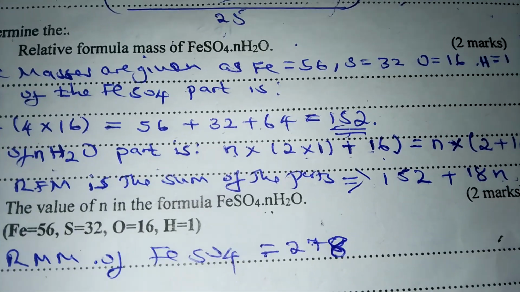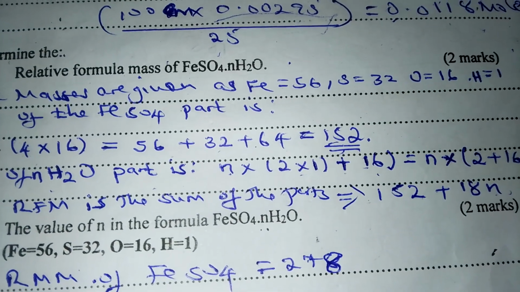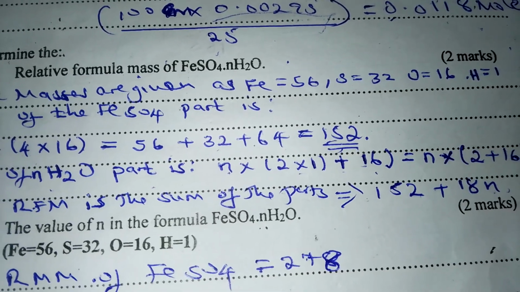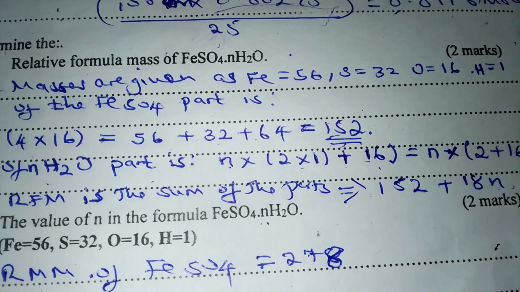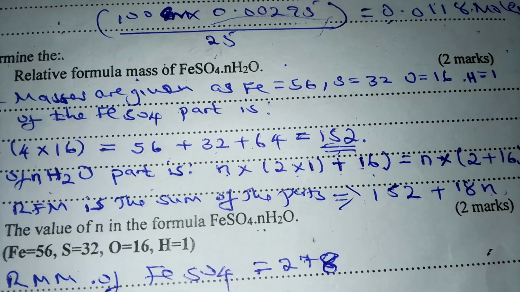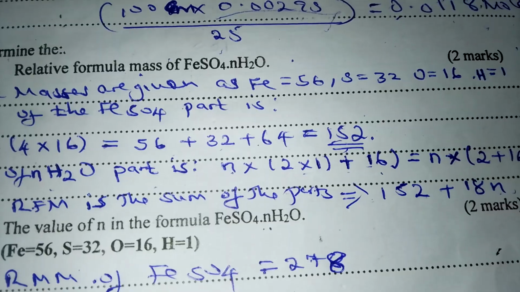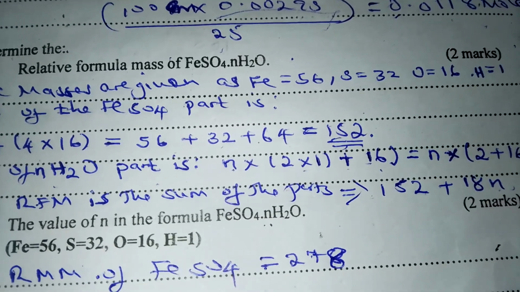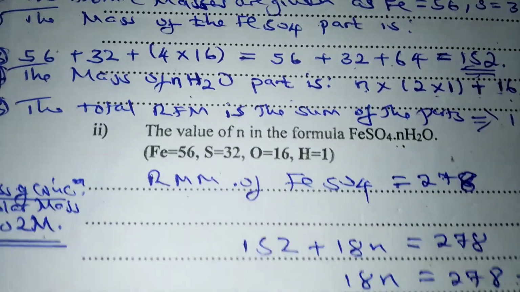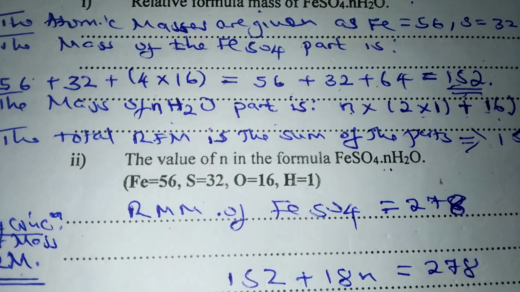Remember, 152 is the relative formula mass of ferrous sulfate plus 18n, because we cannot add everything since we don't know the value of n. But 18 is the relative molecular mass of water. Then we were told, last but not least, to calculate the value of n in that formula.